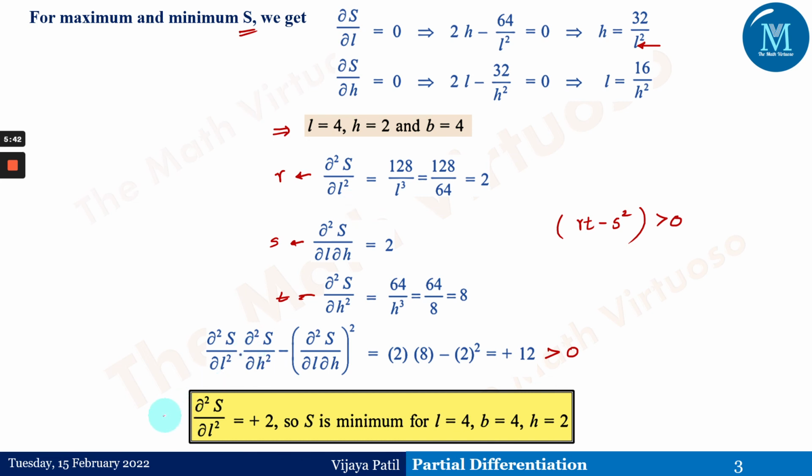That can be checked with the condition on R, whether it is less than or greater than 0. Now we have this greater than 0, because dou square S upon dou L square is 2 and dou square S upon dou H square is equal to 8. Both are greater than 0. If they are greater than 0, then S is minimum for these particular 3 values.